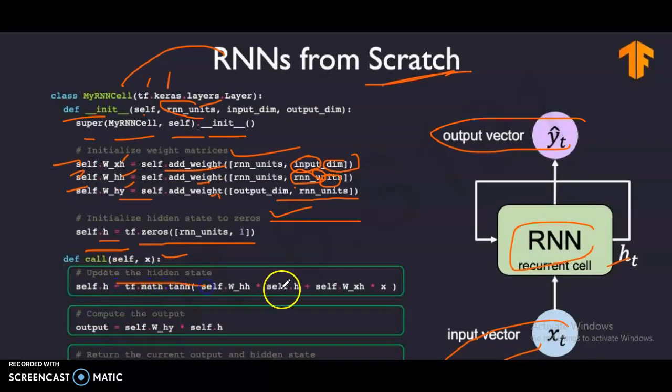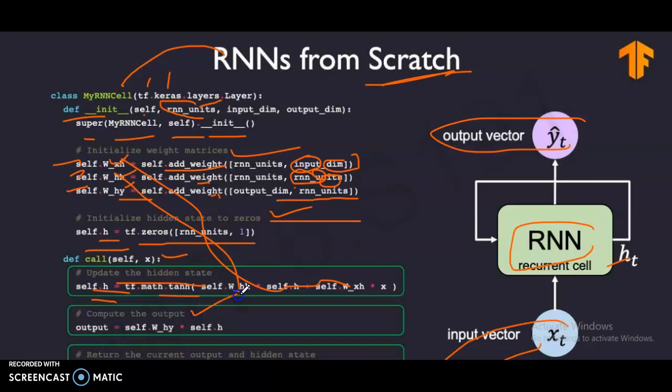Update the hidden state: self.h equals tf.math.tanh of self.W_hh times self.h plus self.W_xh times x. Here W_xh, W_hh, and here W_hy only, no dimension.